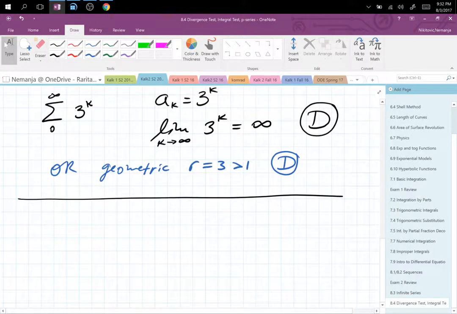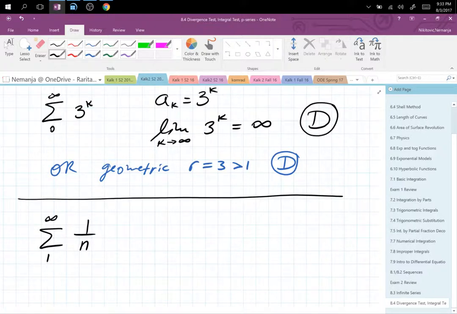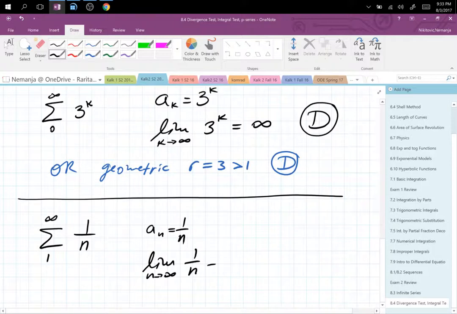Now, here's the next one. Summation from 1 to infinity of 1 over n. Now a_n is 1 over n, and the limit as n goes to infinity of 1 over n is 0. So what now? It equals 0, and converges?